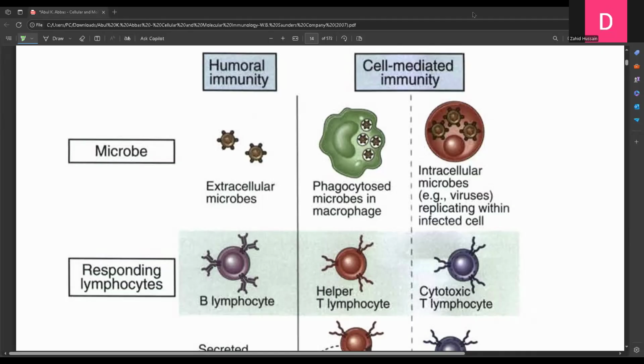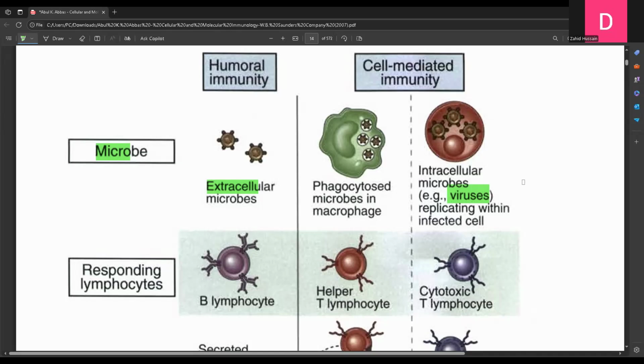In the humoral immunity, the first thing is the microbes: humoral immunity will act against extracellular microbes. And cell-mediated immunity will act against cancer cells and viruses, which are within the cell.